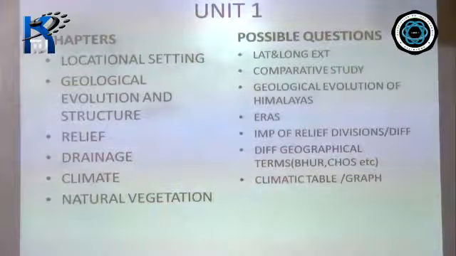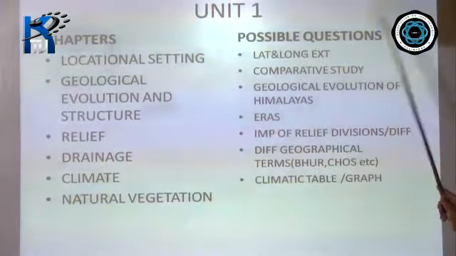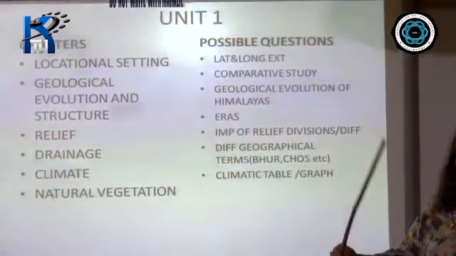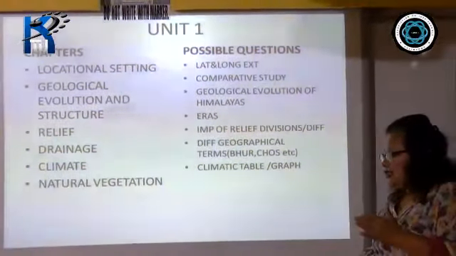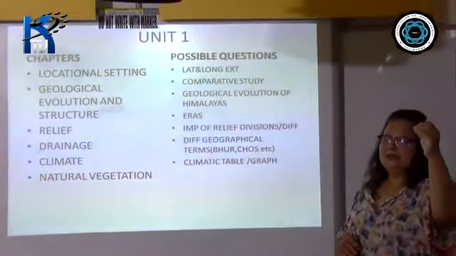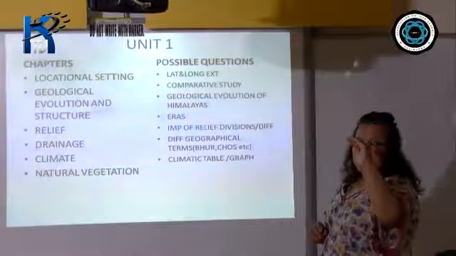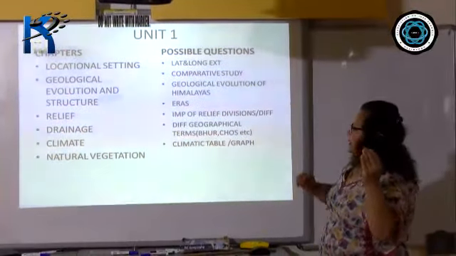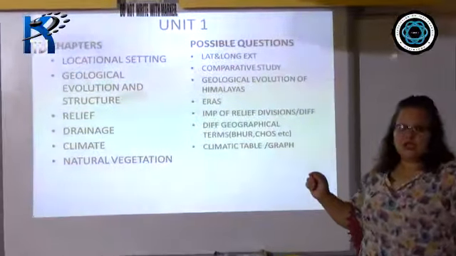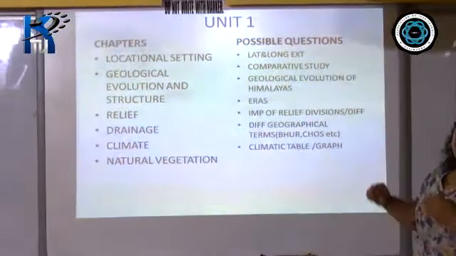When you do the latitudinal and longitudinal extent of India, please be careful, because sometimes you might get a map of India showing the latitudinal and longitudinal extent, and there may be lines drawn at 68 degrees, that is the westernmost part of India, and another line in the easternmost part of India, that is the Kutch region in the west and Arunachal in the east.